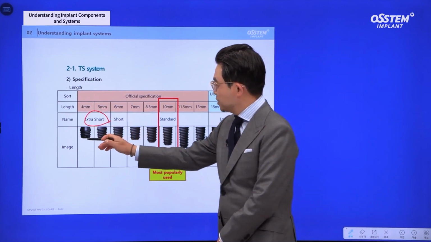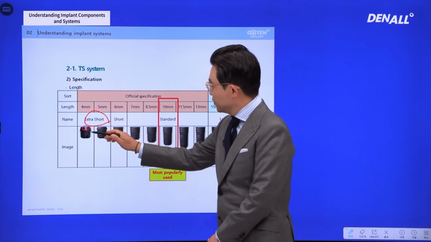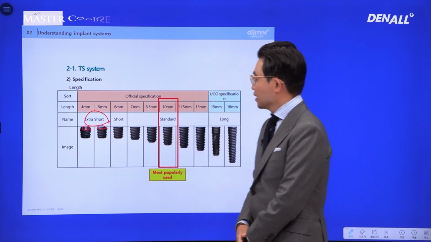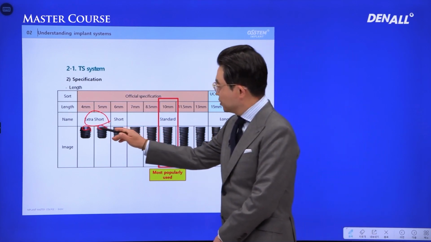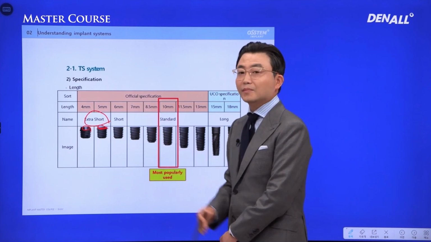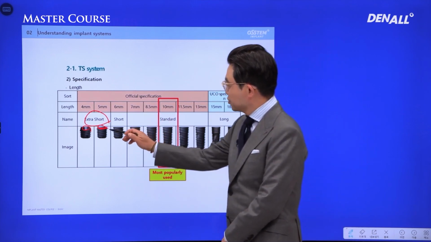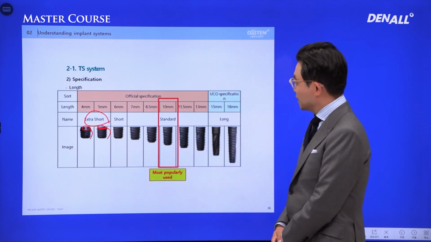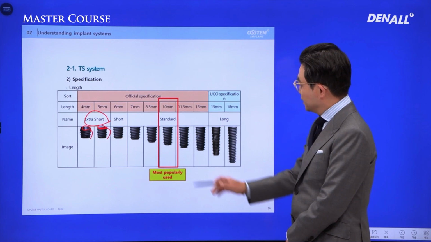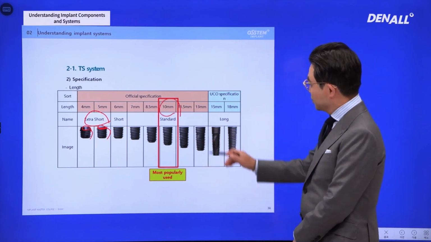From 4 to 6, the actual lengths are the same, but for 1-2 millimeters the surface treatments are different, so this area can be above bone level. So in reality, 5 and 4 millimeter placements are possible. The 10 millimeter implant is the most popular one, and generally up to 13 millimeters are available on the market.